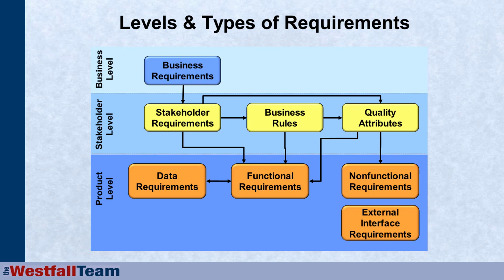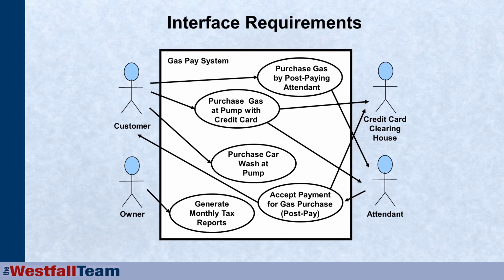So we've talked about functional, data, and non-functional requirements. Let's talk about interface requirements. I go back to that use case diagram. Every place that an actor's arrow crosses the boundary of the system may be a place where you want to put interface requirements in place.